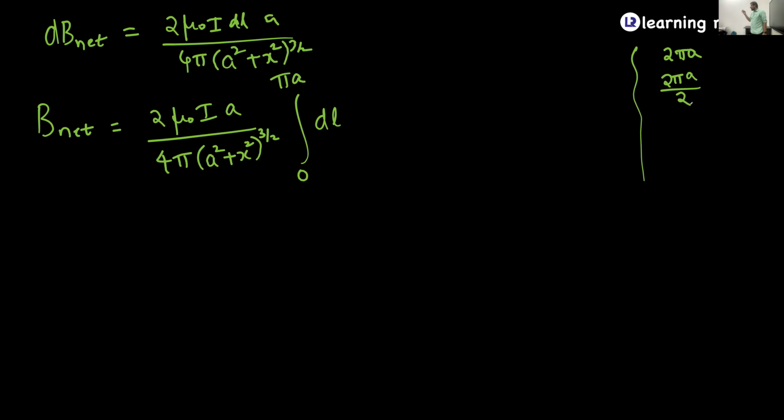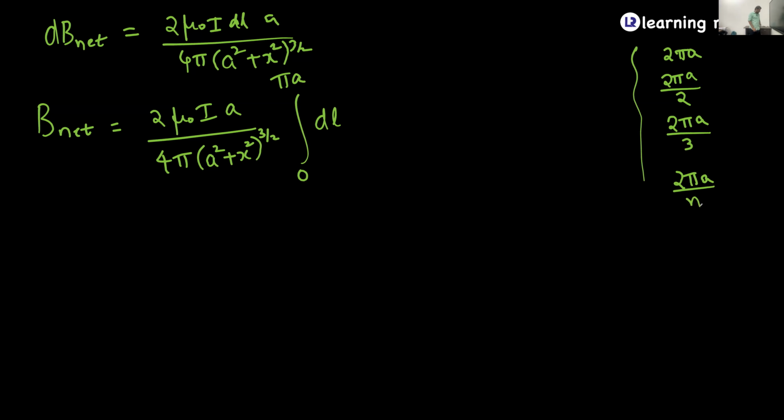Had I considered 3 dLs, I should have written it as 2 pi A divided by 3. Similarly, if I consider n such dLs, I should write it as 2 pi A divided by n, because each dL is covering how much distance is what we need to say. In this case, each dL is able to cover only half the circumference. That is why you take it as 0 to pi A.